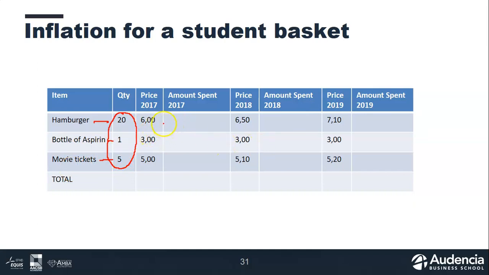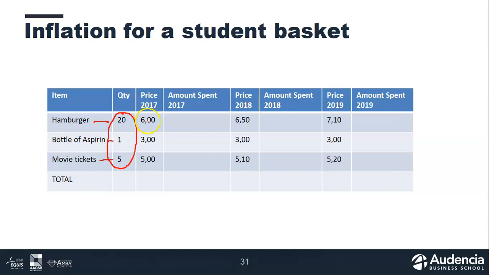The first thing we want to calculate is how much this basket of goods costs. We're going to use this same basket of goods and services every year. We're going to fix this: 20 hamburgers, 1 bottle of aspirin, and 5 movie tickets. And we're going to ask ourselves, how much does that basket cost every year? So let's see how much we spent.